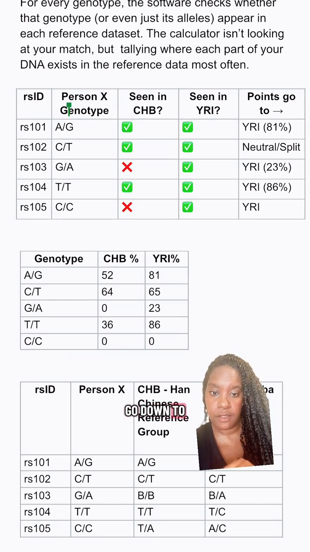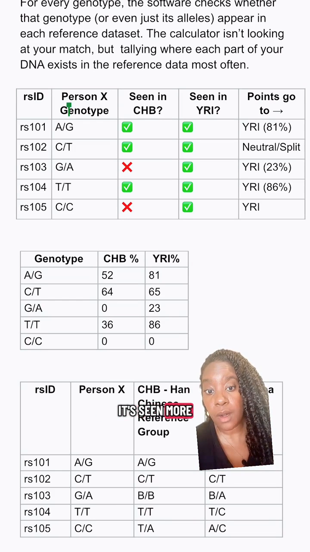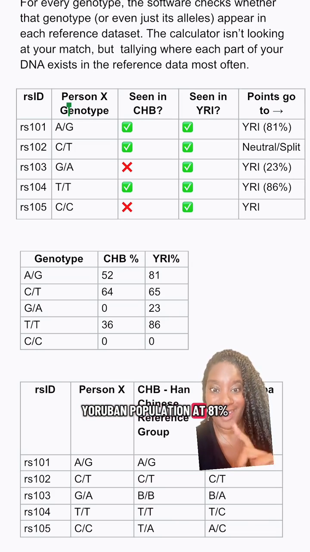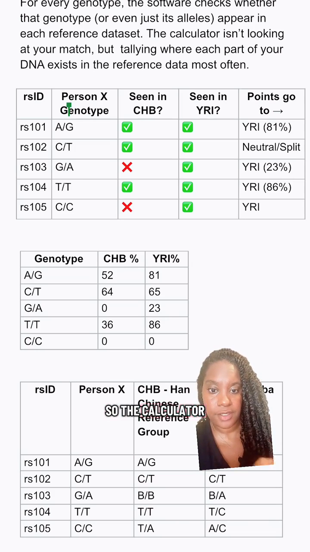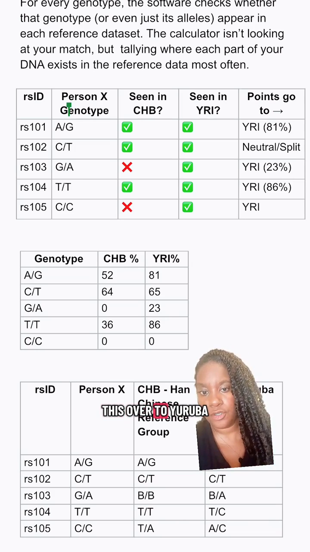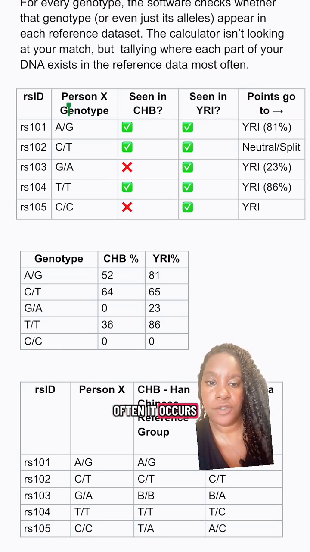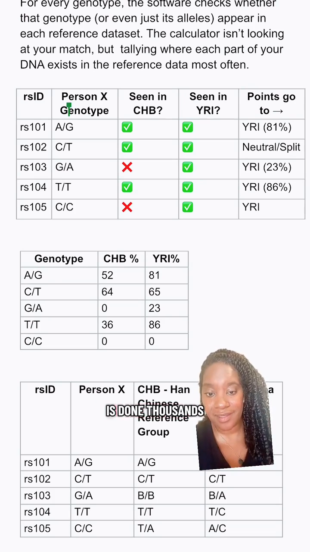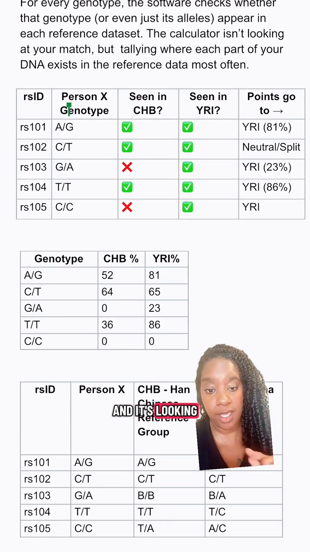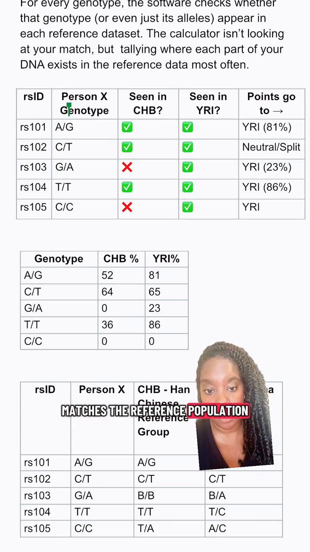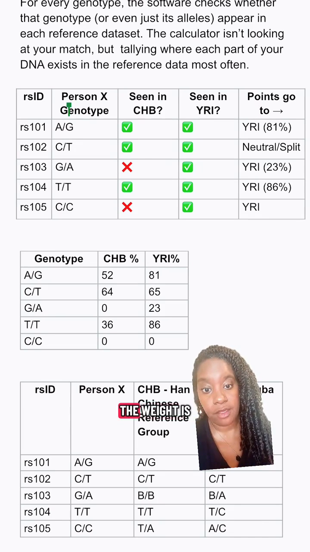But if you go down to the frequency panel, it's seen more often in the Yoruban population at 81%. So the calculator says, we're going to give this over to Yoruba because it occurs more often there. Essentially this is done thousands of times, going through each different position and looking at whether you have that genotype, whether that genotype matches the reference population, and then how often it occurs. Wherever it occurs more frequently, the weight is given there.